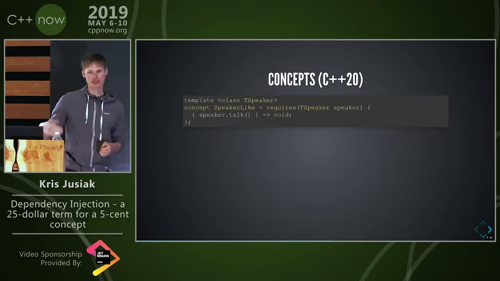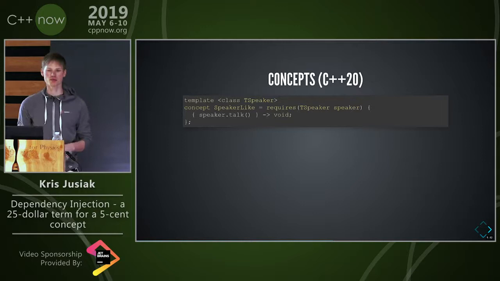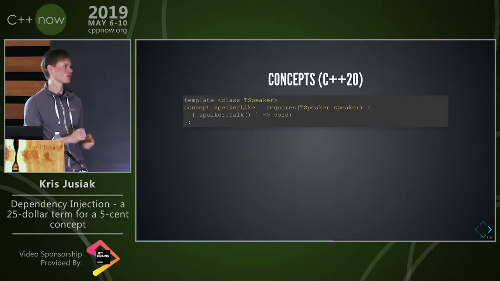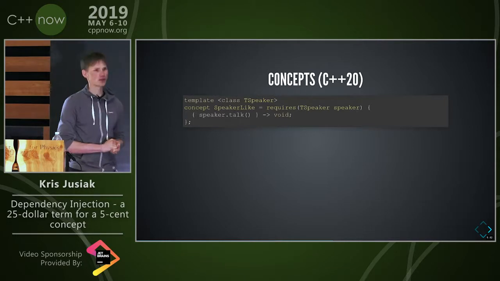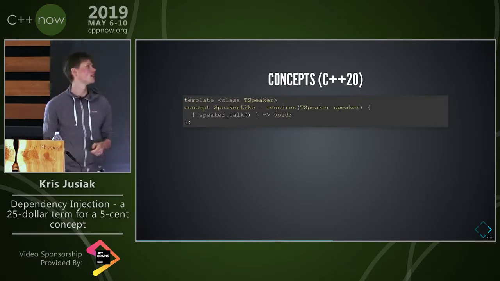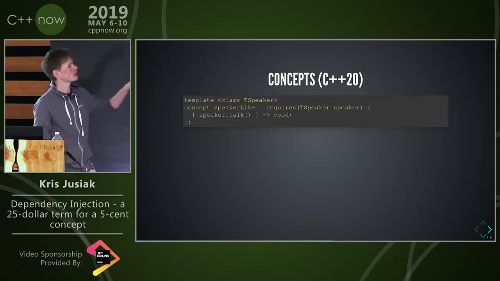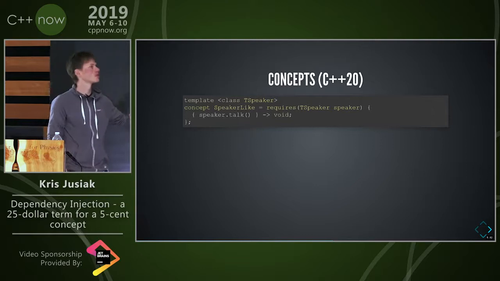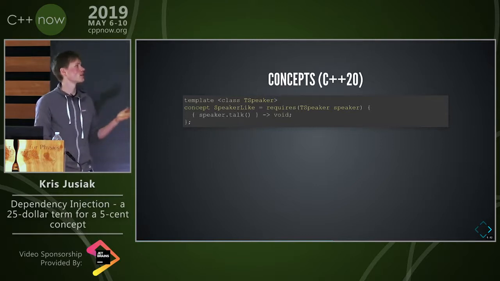So instead of getting an error message from your library code, we'll get it at the point of the instantiation instead, which is always good because we don't want to expose our hacks in the library to the users. So that's kind of similar to the object-oriented interface for the speaker before.